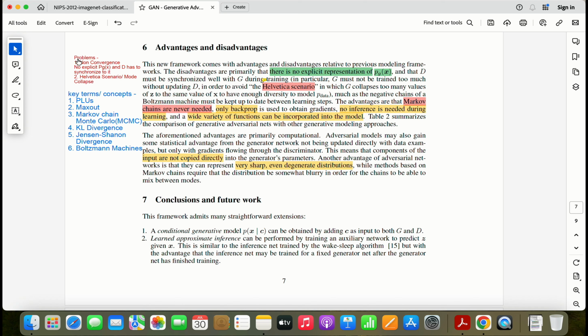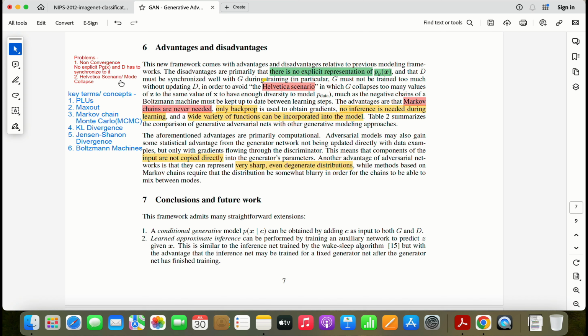Now the problems. There are two major problems. One is non-convergence: for the distribution of the generator, PG(x), there is no explicit distribution, and the discriminator has to synchronize with it. Second is the Helvetica scenario, or mode collapse. The Helvetica scenario is a funny reference from a show. What mode collapse means is that if we train G too much, G will collapse to a point where it has not learned the distribution, but it is able to fool the discriminator.